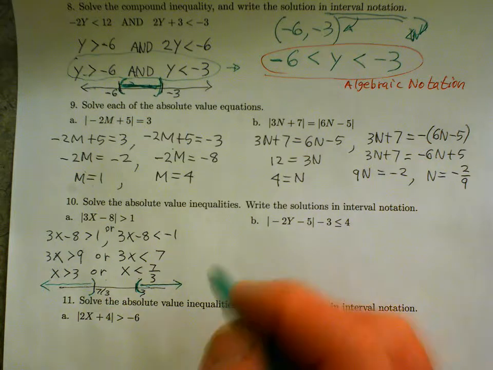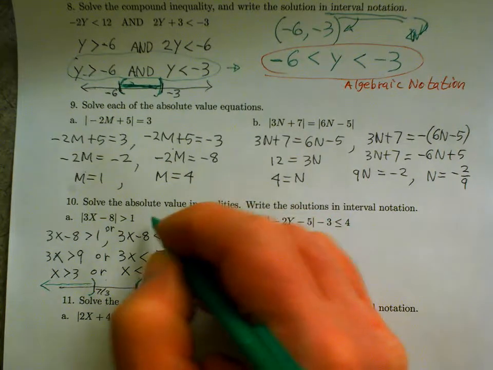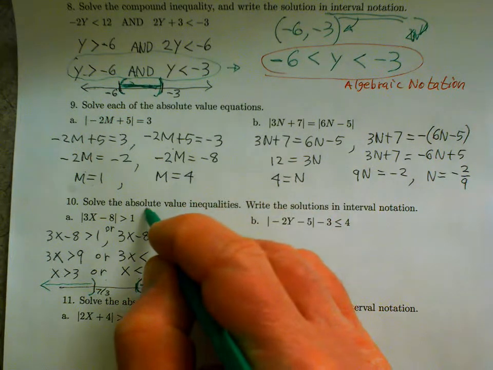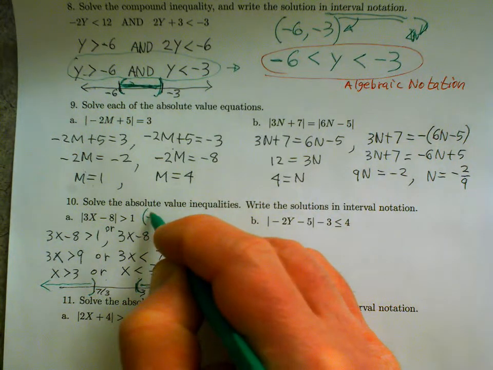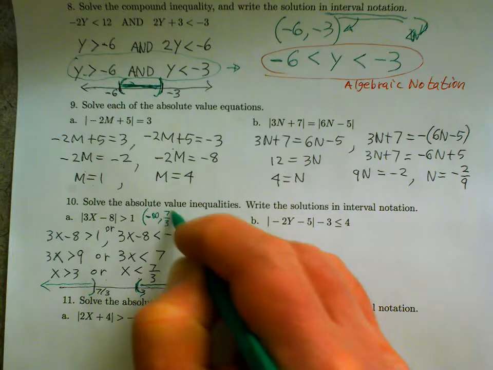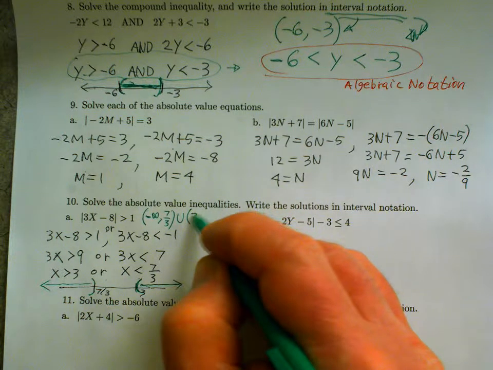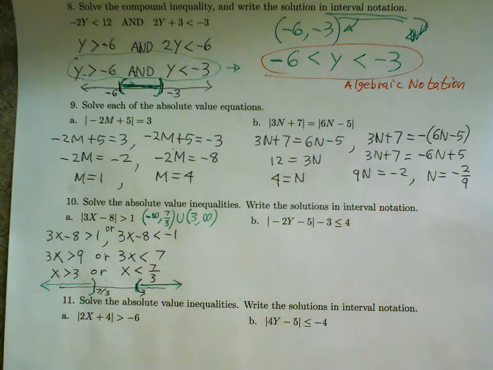And so the interval notation, I'll write it up here where I have some room. Parenthesis, negative infinity, comma, 7/3, union, parenthesis, 3, comma, infinity. This is the interval notation.